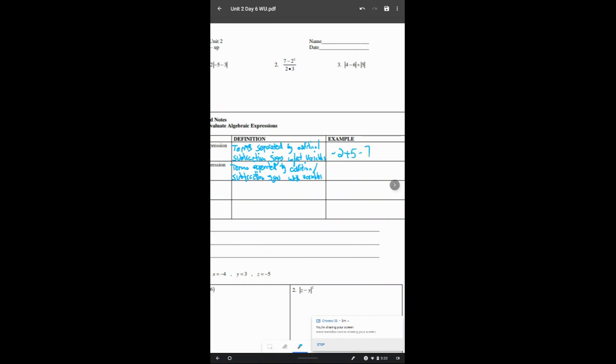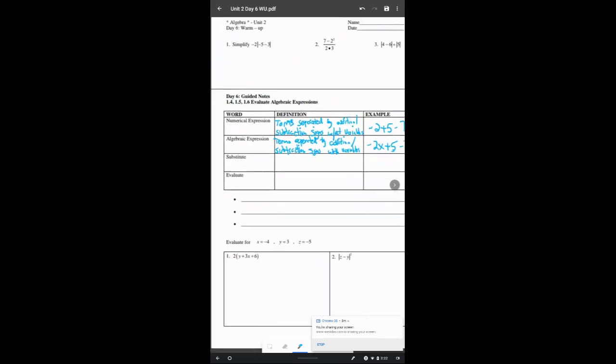That would be an example of a numerical expression. There's no equal sign, and there's only numbers. The next one, if you have some variables in here, let's say -2x plus 5 minus 7y, that would be considered an algebraic expression because you have a variable or two in there. As we can see, we have an x and a y. So let's go on to the next part.